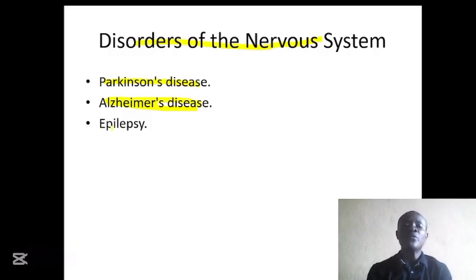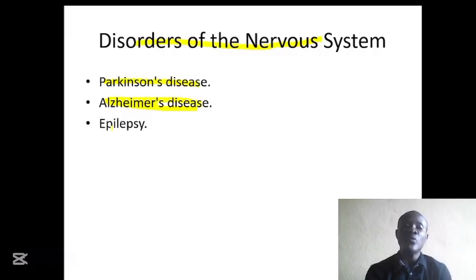We also have multiple sclerosis. In multiple sclerosis, it is the immune cells that affect the outer covering of the neurons, mostly the myelin sheath. So in this case, the person can experience weakness, numbness, and also what we call vision problems.